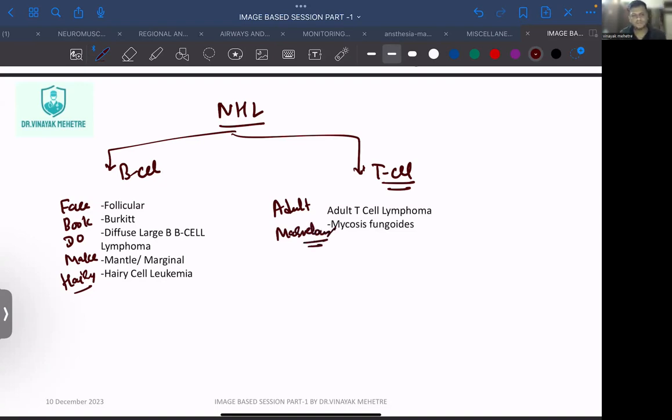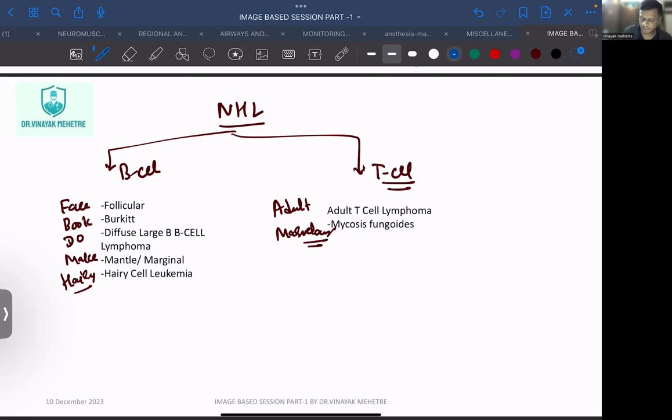Adult T cell lymphoma or mycosis fungoides are T cells. Rest all are B cell non-Hodgkin lymphomas. This is the mnemonic you should know.